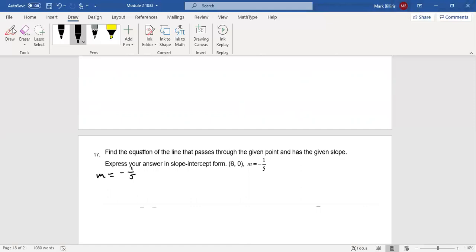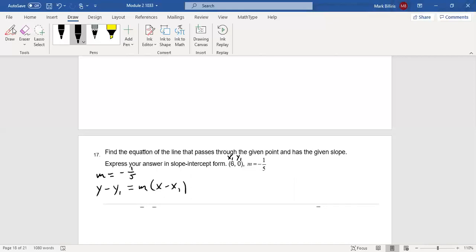Our second step is to put it into point slope form. So point slope form is y minus y₁ equals our slope times x minus x₁. So where does the y₁ and x₁ come from? The given point. So just as we did before, we'll label them x₁ and y₁.